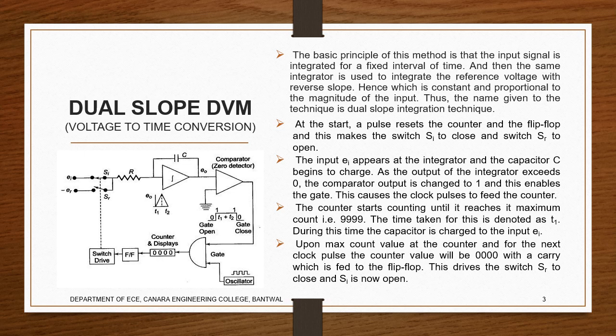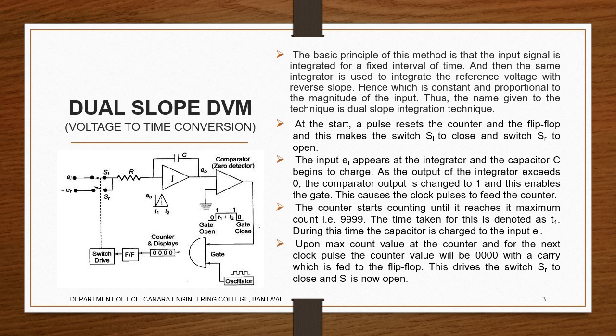The output of the integrator is given to the comparator, which is a zero detector, because one end is given to the ground, and the other, whatever voltage is given, of course gives values more than 0.